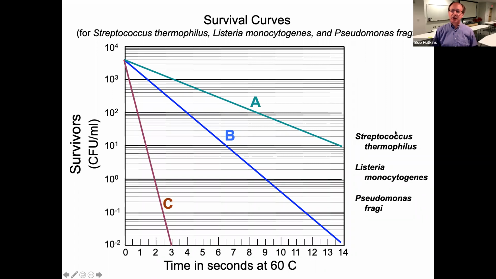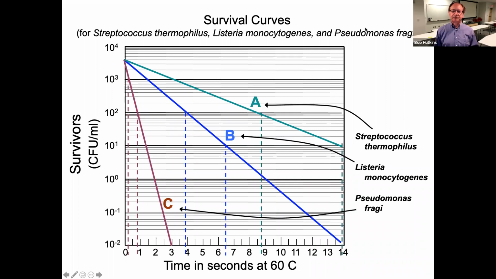So the psychotroph is sensitive, the thermophile more tolerant. You can see those D values: 5.4, 2.7 for the Listeria, 0.6. The lower the D value, the more sensitive.